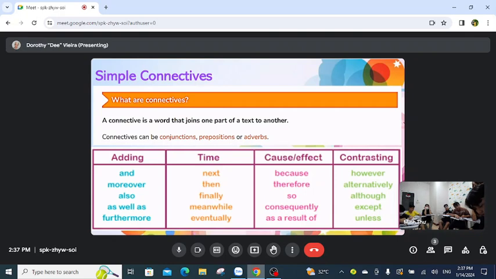So, example, the girl always wore jeans and a t-shirt unless she was going to town. Okay? All right, so tell me when you've finished writing and we'll continue.